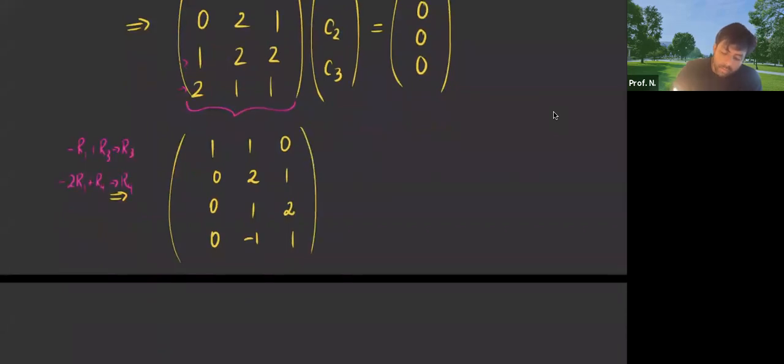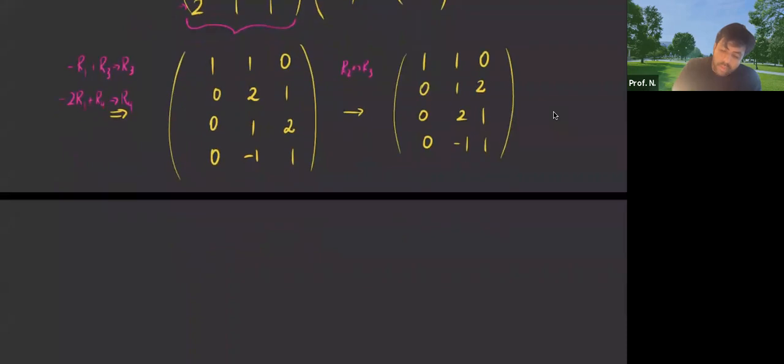And what I'm going to do is swap row 2 with row 3. And I get 1, 1, 0. I get 0, 1, 2. And I get 0, 2, 1. And I get 0, negative 1, 1. So then from here, I can eliminate the 2.